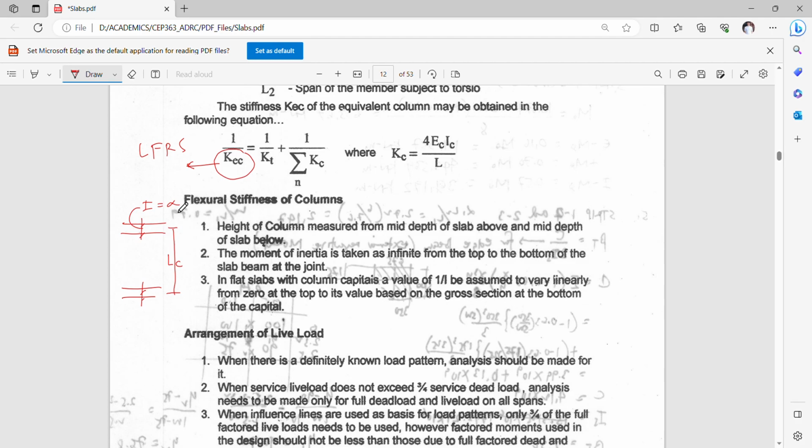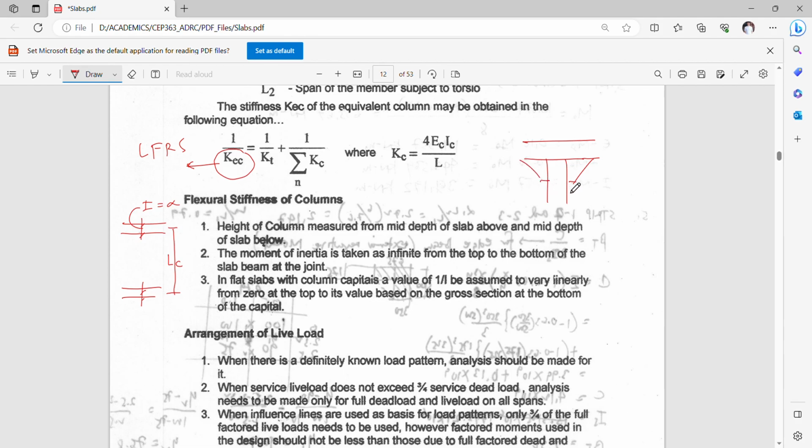So for the moment of inertia of flat slabs, wherein there are column capitals and drop panels, we have to see on the basis of, okay, if this is your slab and then this is the column, and you have a drop panel here.